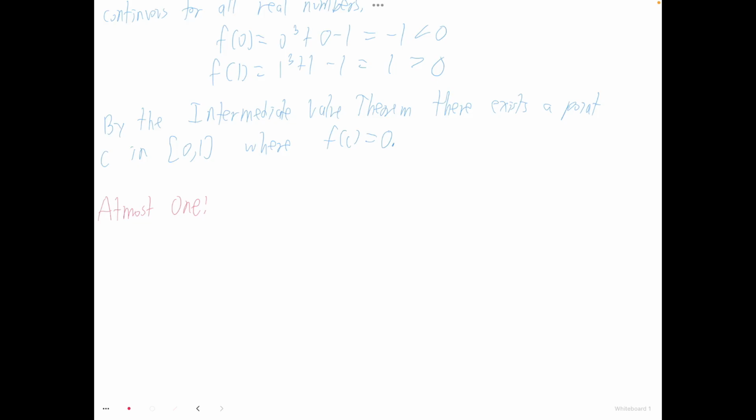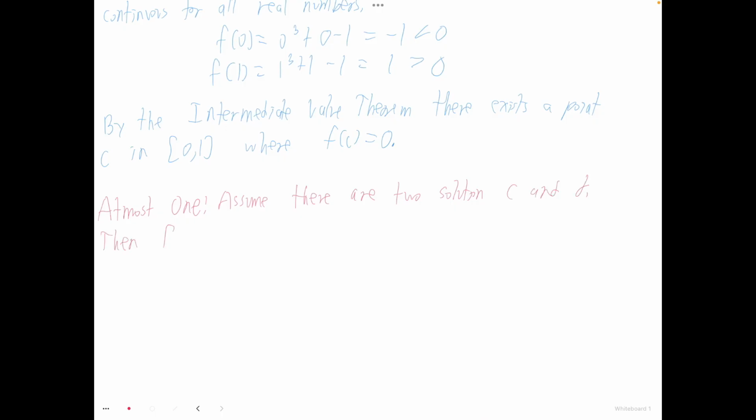So we're going to look for two statements that contradict each other, that can't both be true at the same time, and then that will tell us that our assumption is wrong. And so, like I said, we're going to assume there are two solutions, c and d.